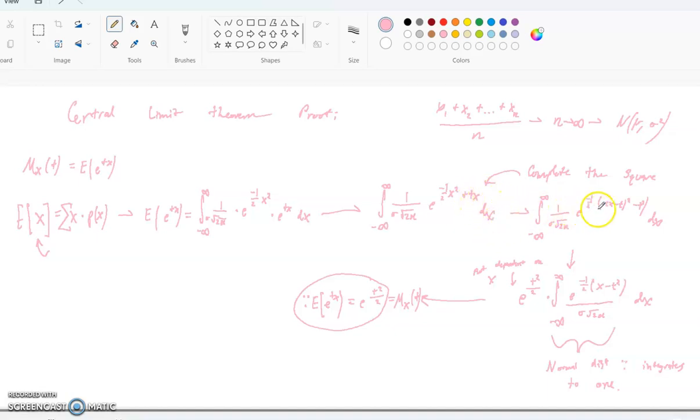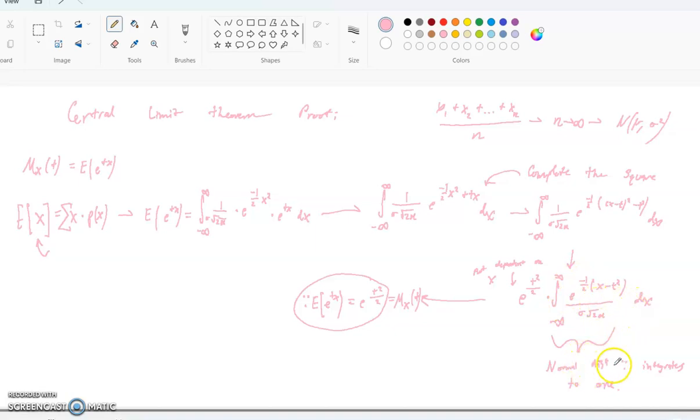And then we can complete the square, and we find that we have e to the negative 1/2 times (x minus t) squared minus t squared. And this is all integrated over all space with respect to x. Finally, we can pull out e to the t squared over 2 and multiply it by the normal distribution.